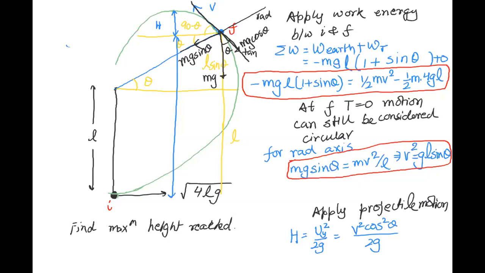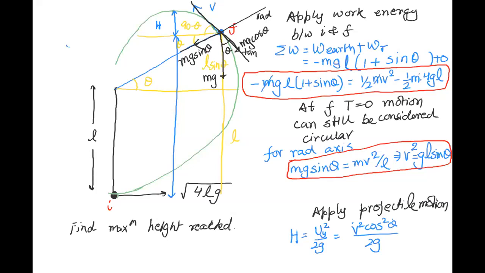So if only I knew v and theta, my problems are over. I've solved the question. And if you look at the first two equations, you can solve for v and theta. Let's do that.